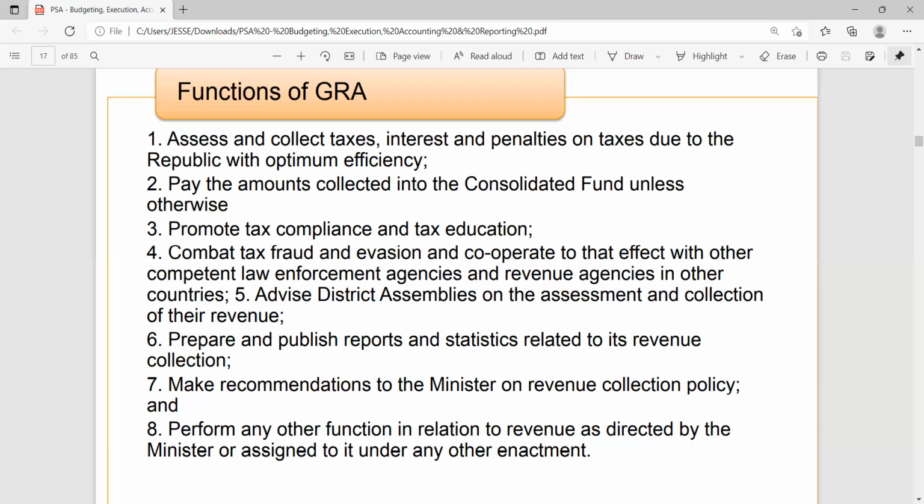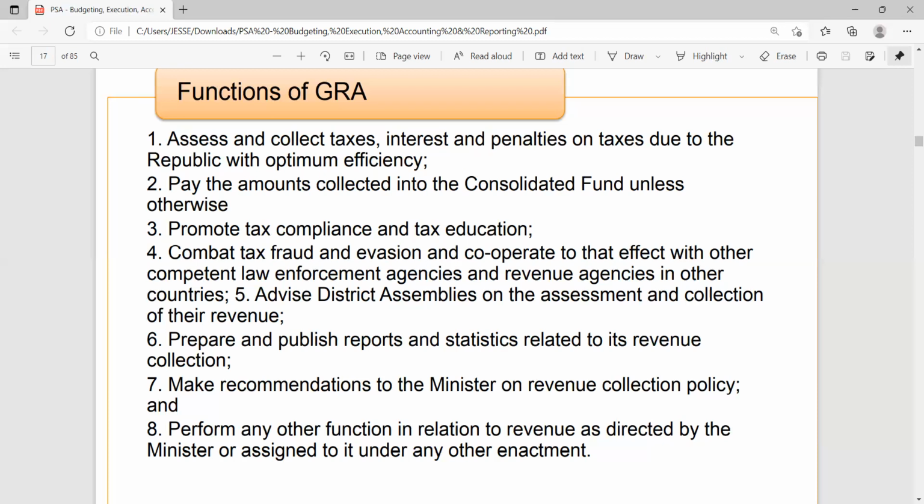Reporting is key, right? So they prepare and publish reports related to revenue collection. They make recommendations to the minister on revenue collection policies, right? On how best to collect revenue. They make these recommendations to the minister. They perform any other function in relation to revenue as directed by the minister or assigned to it under any enactment, right?